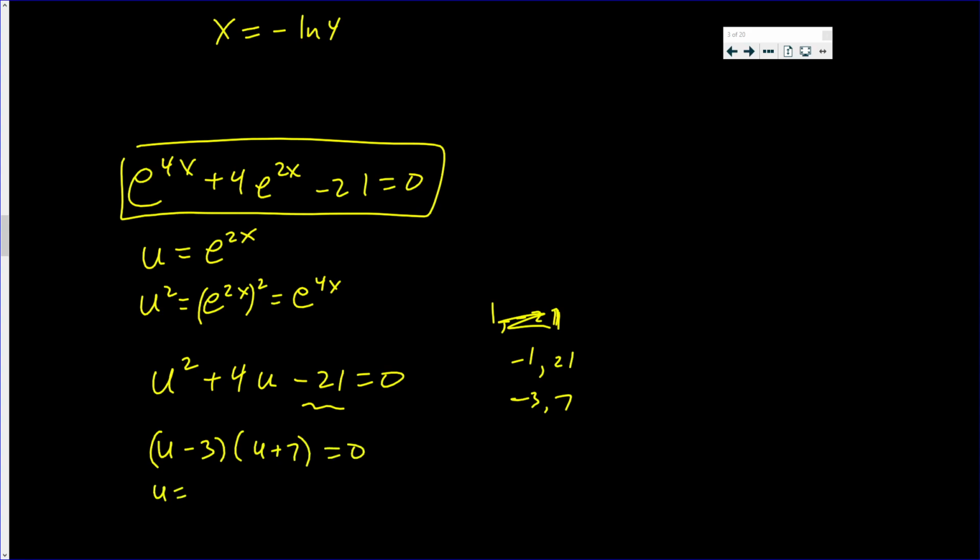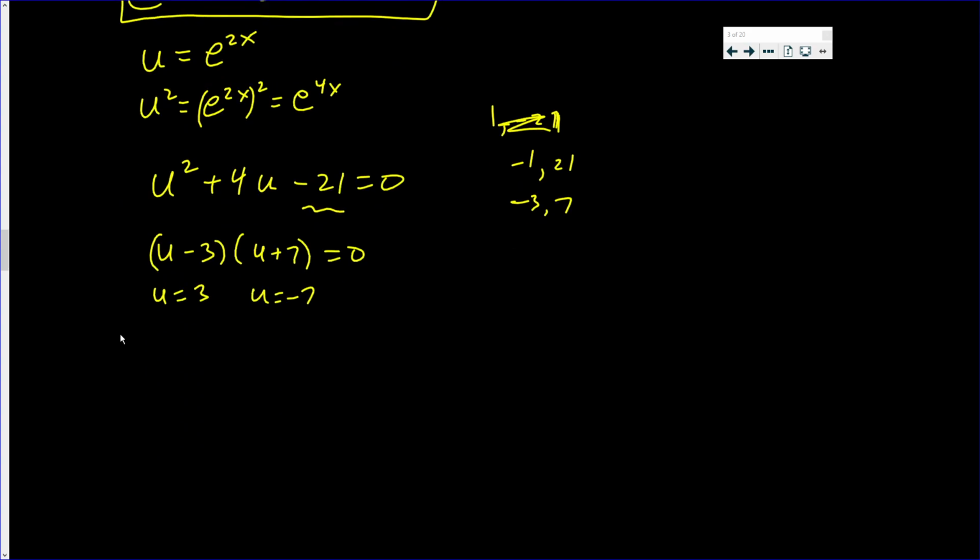So either u is 3 or u is negative 7. u is e to the 2x. So either e to the 2x equals 3 or e to the 2x is negative 7. And this is never. e to no power is negative.